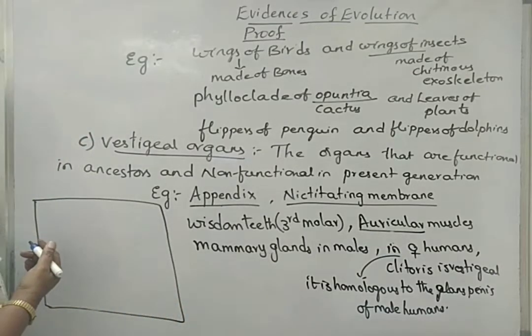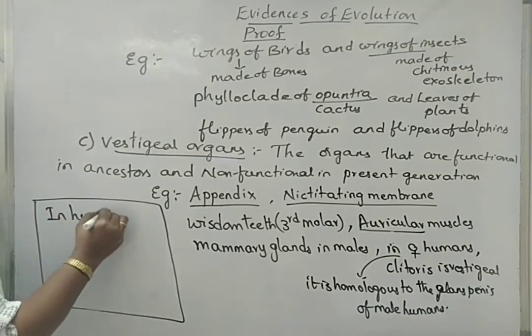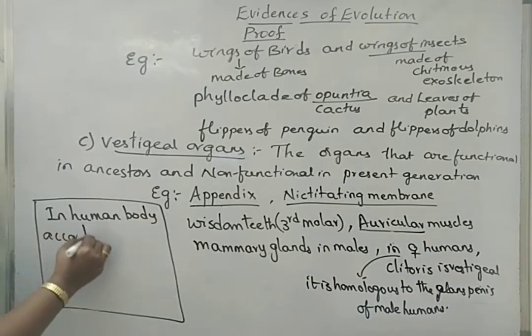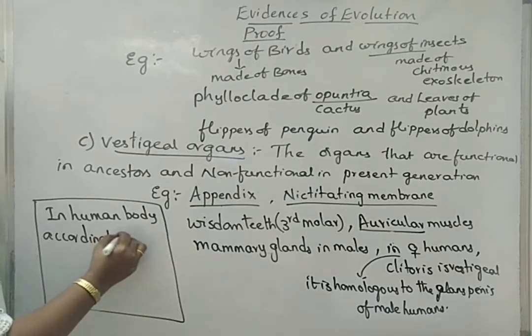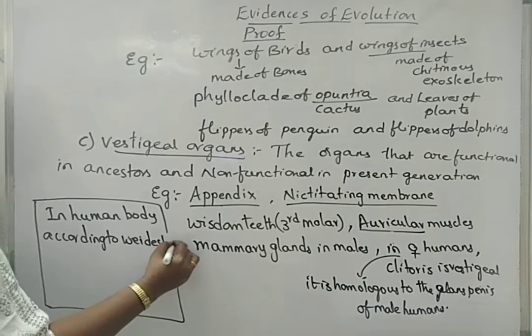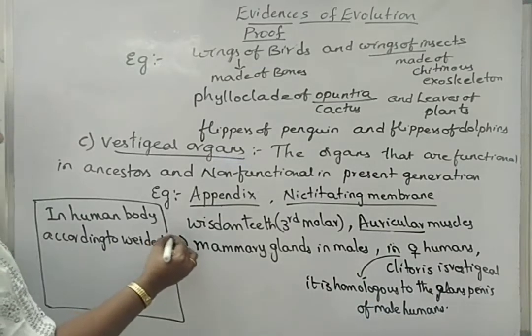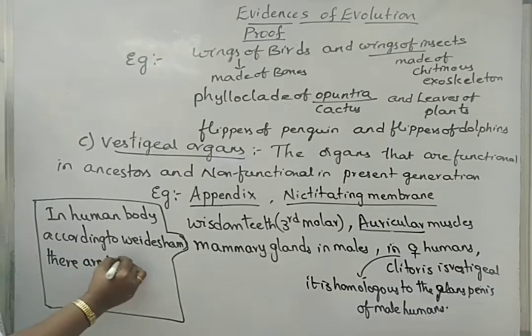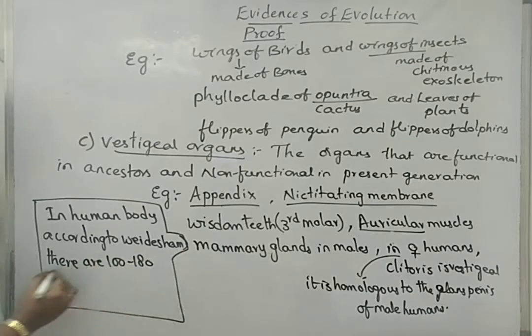This basic idea was given by Wiedersheim. In the human body, according to Wiedersheim, there are 100 to 180 vestigial organs.